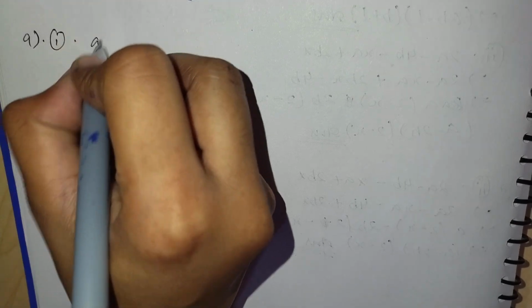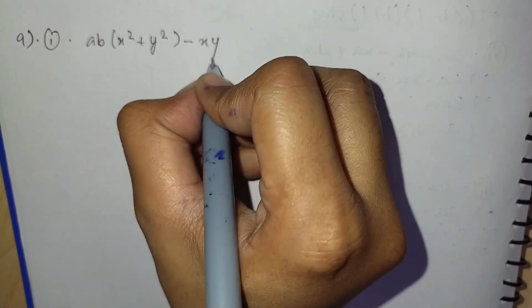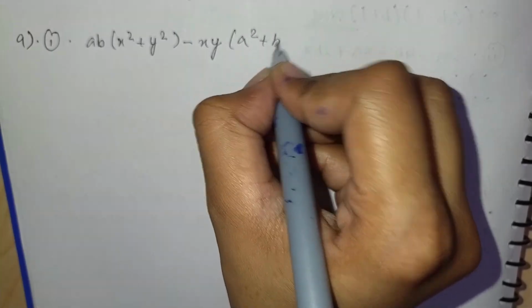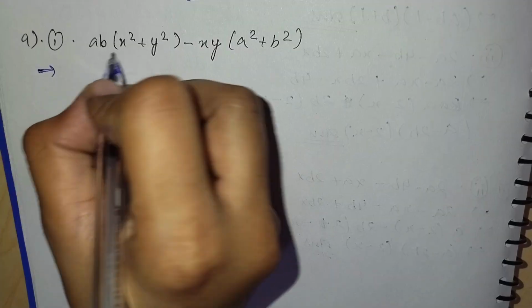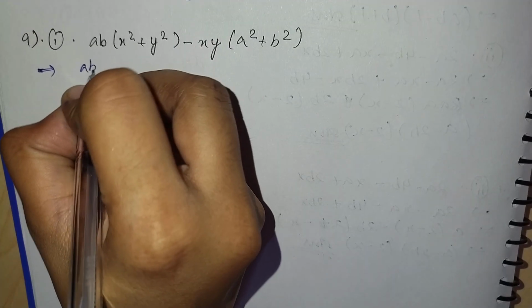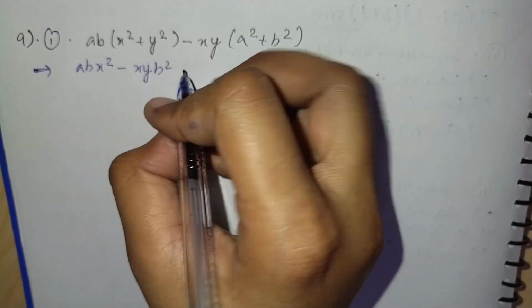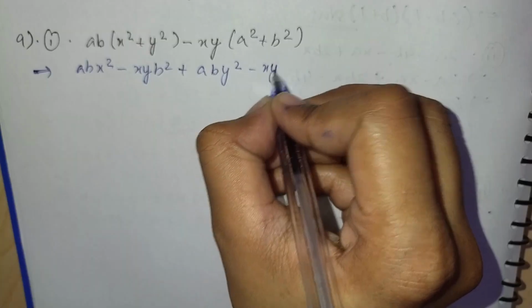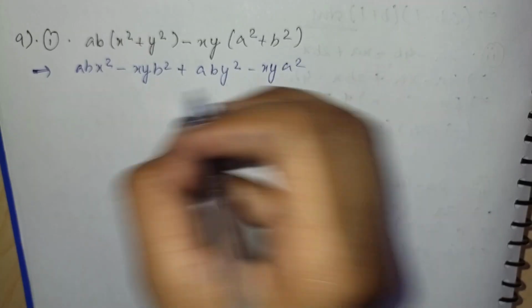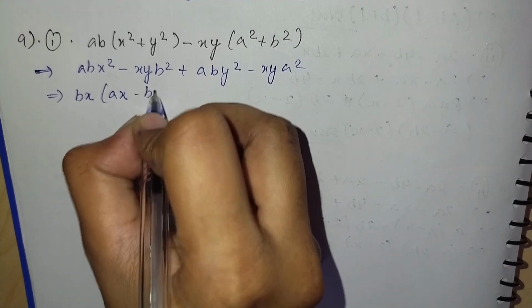Now the ninth question here, first part is ab x square plus y square minus xy a square plus b square. So on solving this, firstly we will rearrange it. So abx square minus xy b square, now plus aby square and minus xy a square here. So we will take from here bx as common, we will get ax minus by.